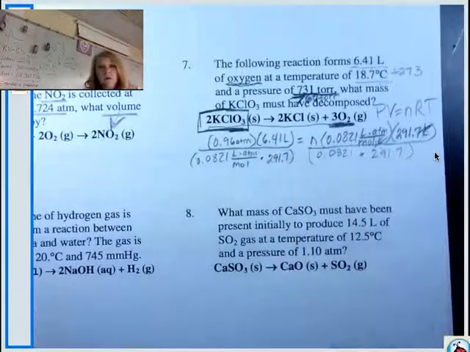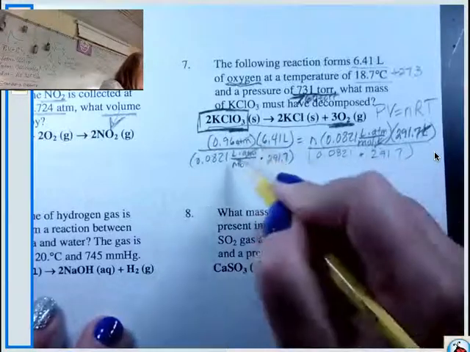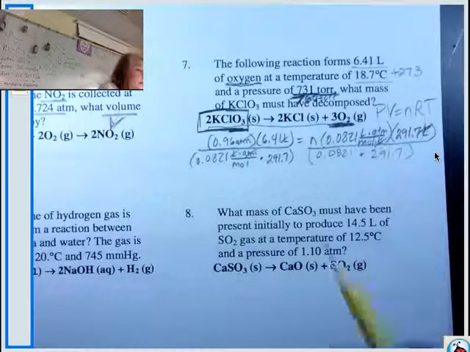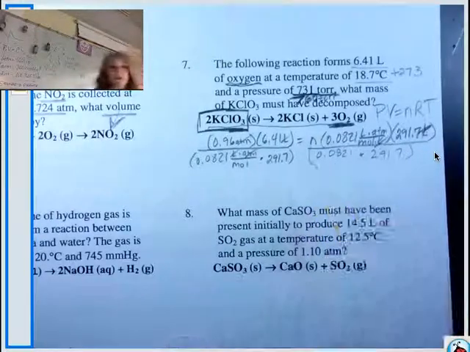Now, what units are going to cancel out? ATMs and liters are going to cancel. And I know we didn't practice on that on Monday, but it's good. You need to see that if you plug your units in, this is why we have to have our units this way, okay? We have to have our pressure in ATMs. We have to have our temperature in Kelvin. Our volume has to be in liters. Okay, so real quickly do your math and let's see what you find for your number of moles of oxygen.